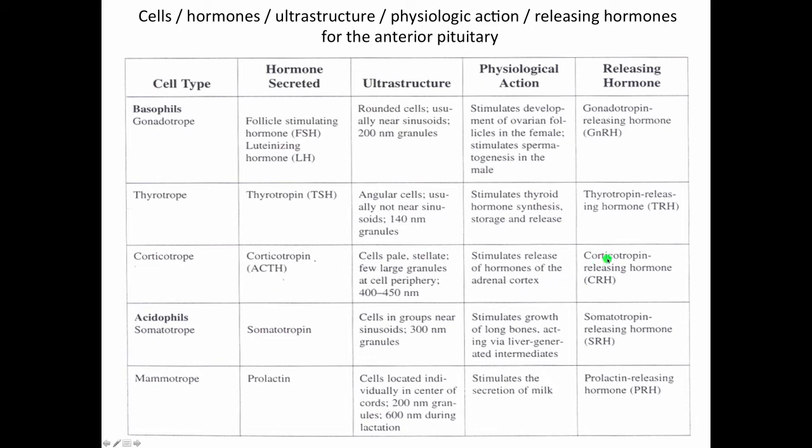ACTH under the influence of corticotropin-releasing hormone, somatotropin under the influence of somatotropin-releasing hormone, prolactin under the influence of prolactin-releasing hormone. So I want you to spend a little bit of time going over this table so that you can appreciate what the different hormones do. This will be important as you try to integrate what you learn in this course with physiology.